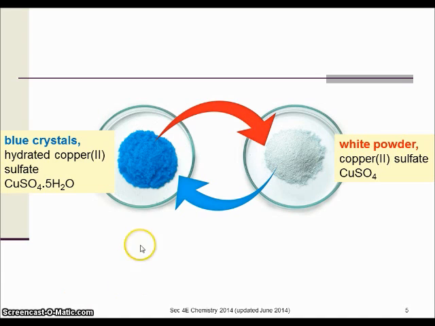So here we have your blue crystals of hydrated copper(II) sulfate, and the water is removed by heating. You will obtain your white powder of copper(II) sulfate over here.